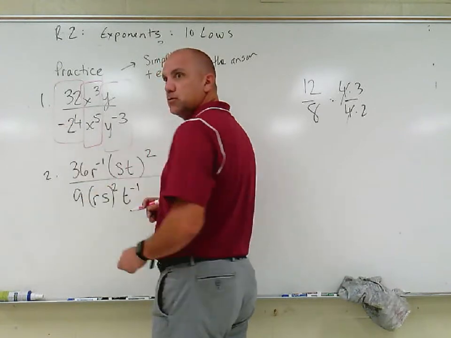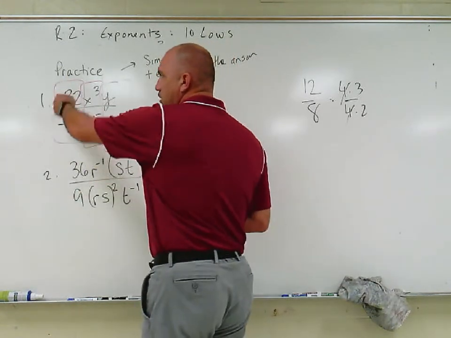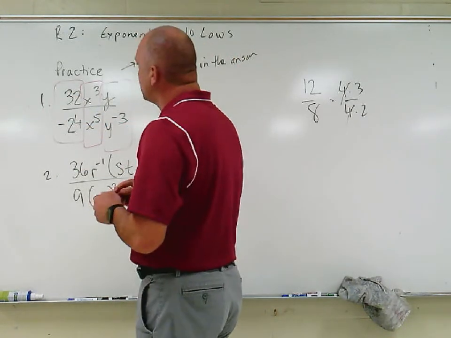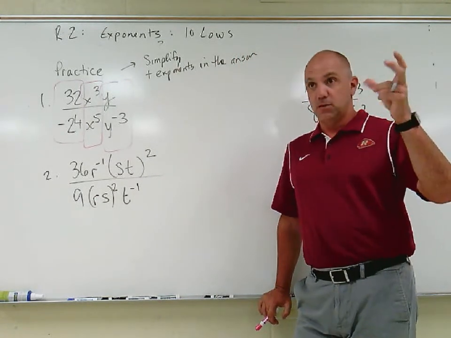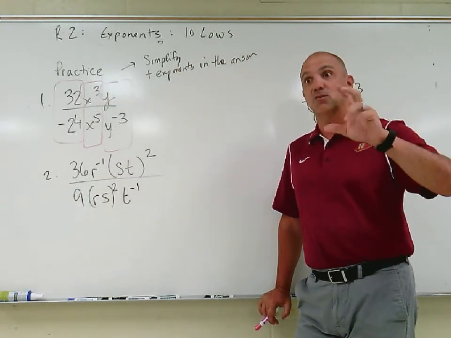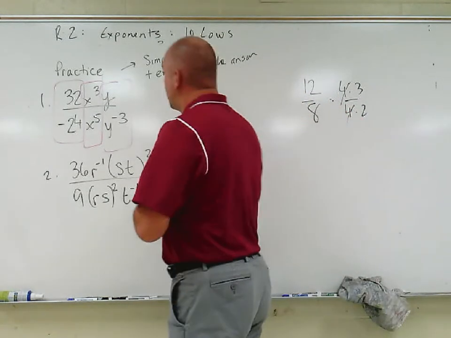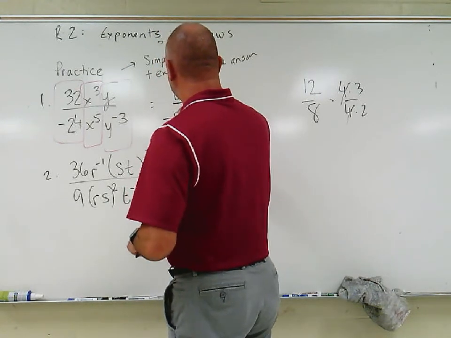I'm just going to reduce 32 over 24 with a negative. I can put the negative wherever I want because it's with the numbers. Doesn't matter. So I ask myself, what's the largest number that goes into 32 and 24? 8. Very good. So the top is 8 times 4, the bottom is negative 8 times 3.